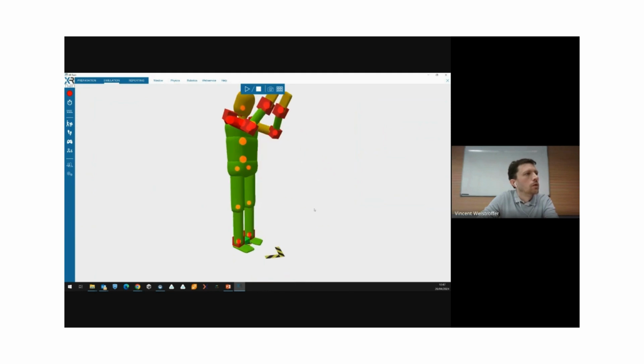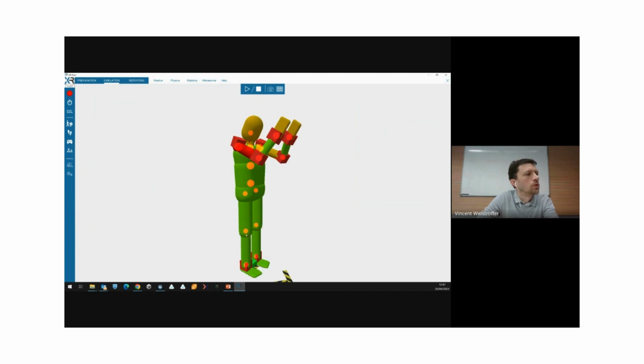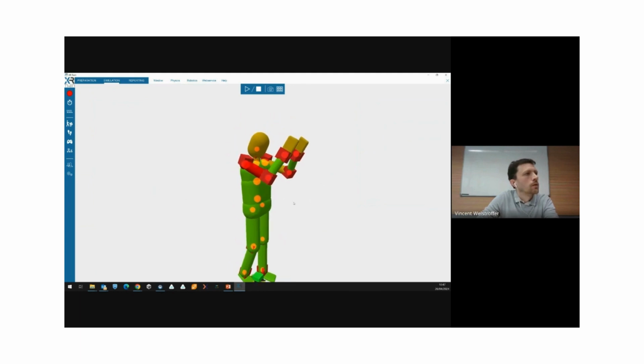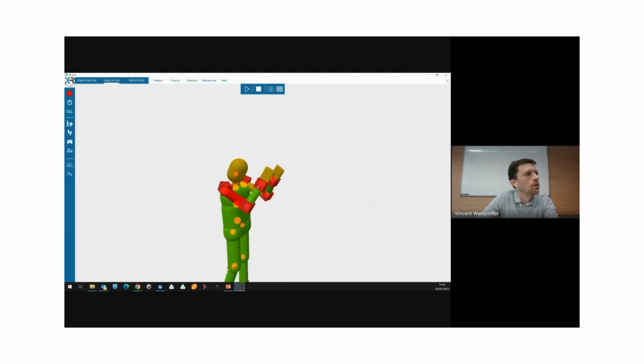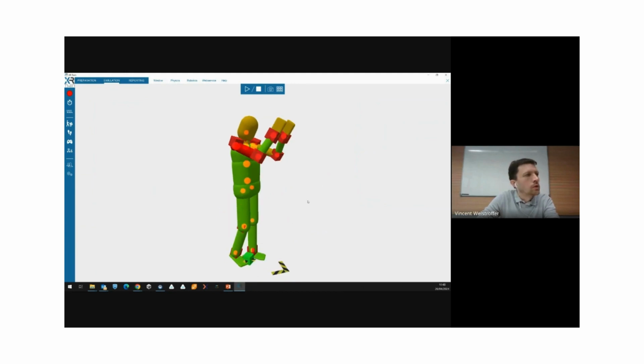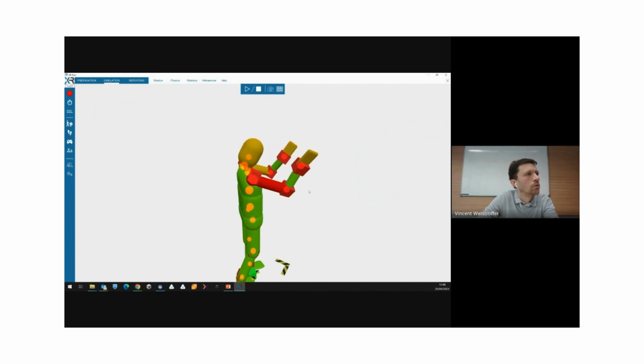Fine. I could also decide to move the legs, like this one. This is the waist. And this is what I mean when we talk about digital human control. So we want to define some desired positions, and the human mannequin has to follow them.